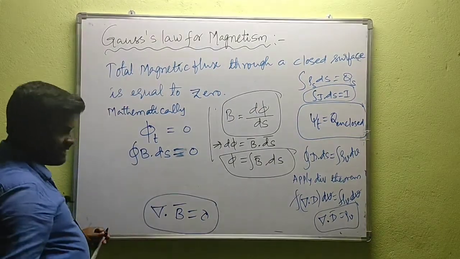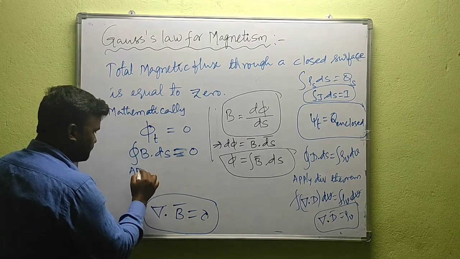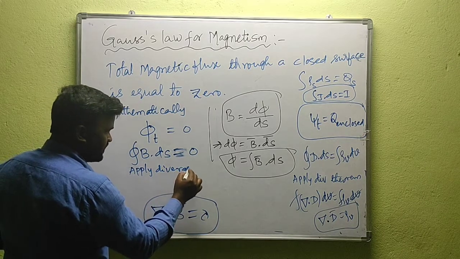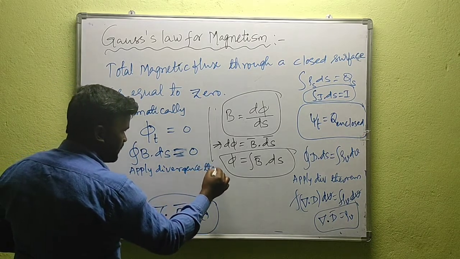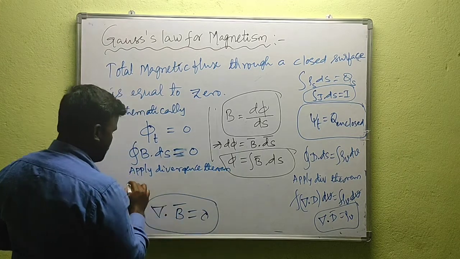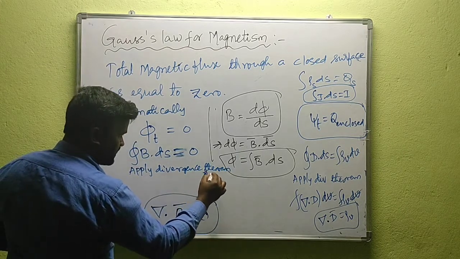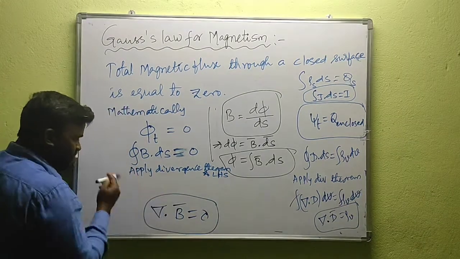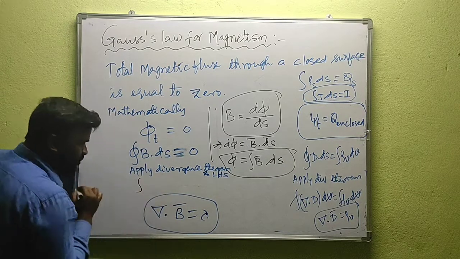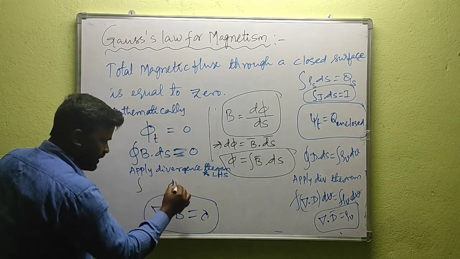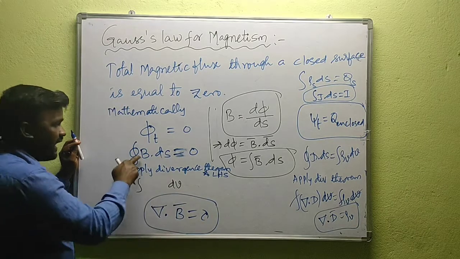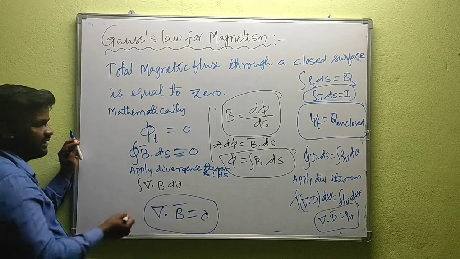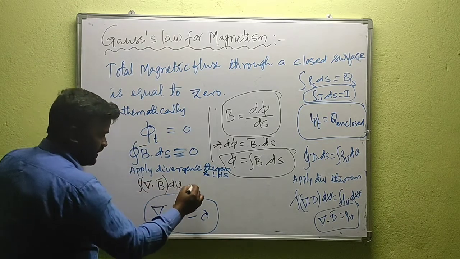Now apply divergence theorem to the LHS. The divergence theorem is used to convert a closed surface integral into a volume integral, and the vector becomes del dot B. Actually we need to take B bar as it is a vector, so integral del dot B bar dV is equal to 0.